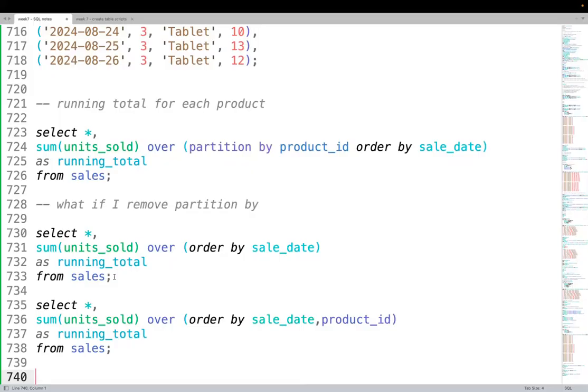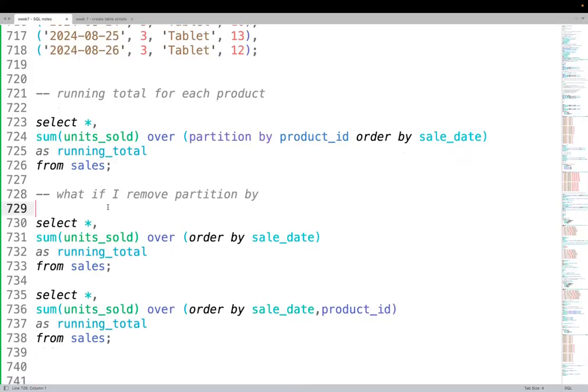Okay. So I will write it. In case of duplicates, it considers it as one group. We have seen that, right?